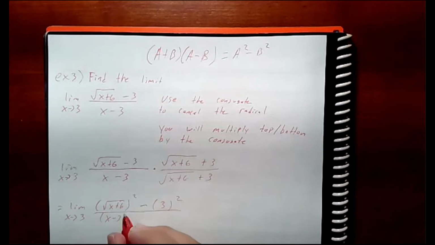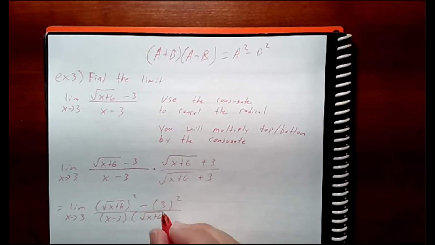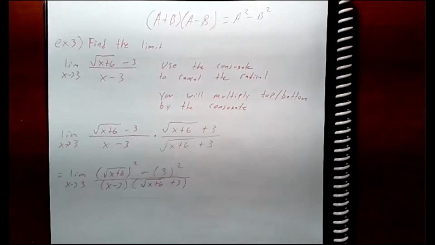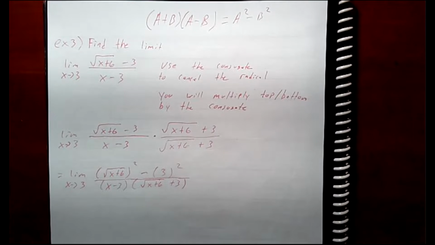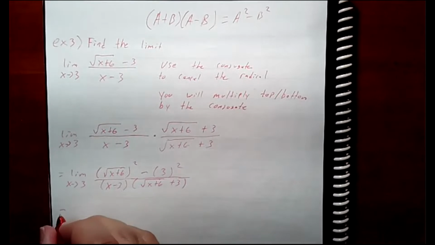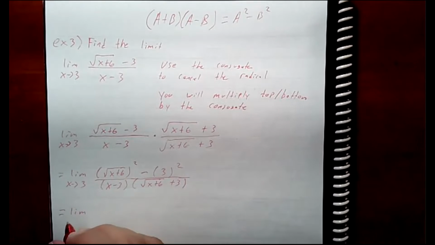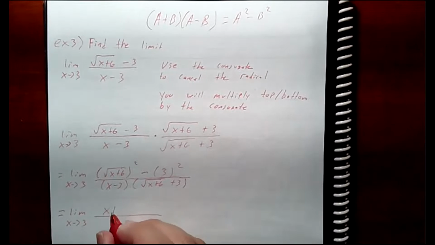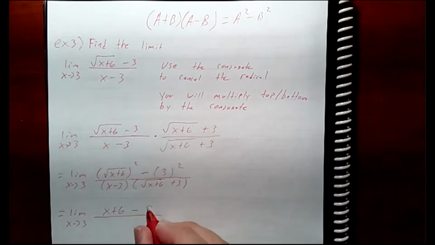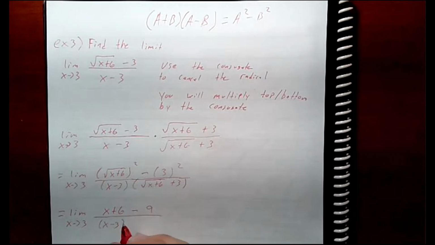I'm not going to multiply the bottom. I'm just going to leave it there. So you see how the difference of squares helps us, right? So this will become x plus 6 minus 9 over x minus 3 times this garbage.